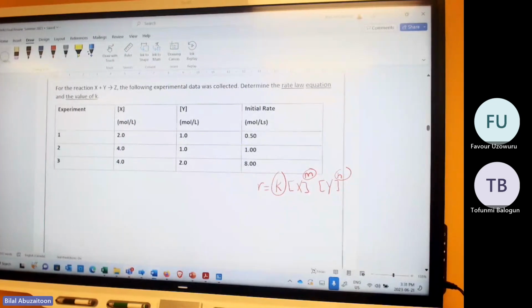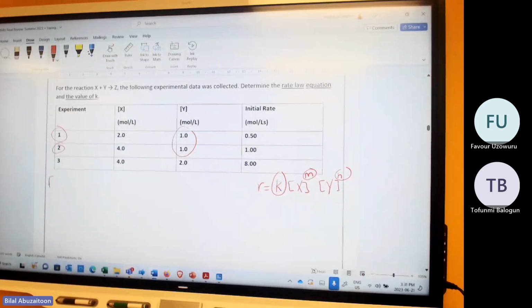I'll show you. Which experiments do we take first? One and two. In this case, Y is constant, right? So we will cancel Y and get the exponent of X, which is m in this case.